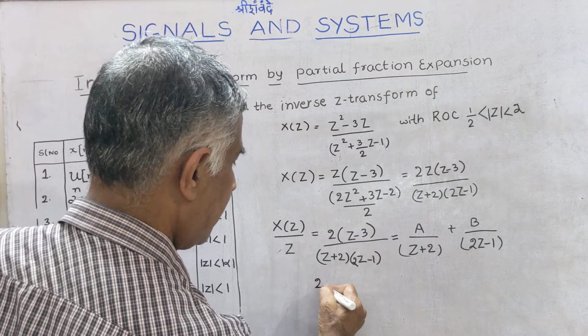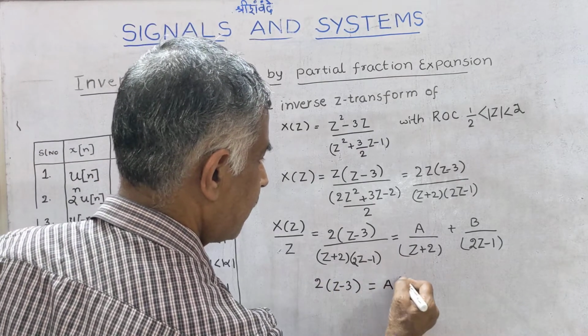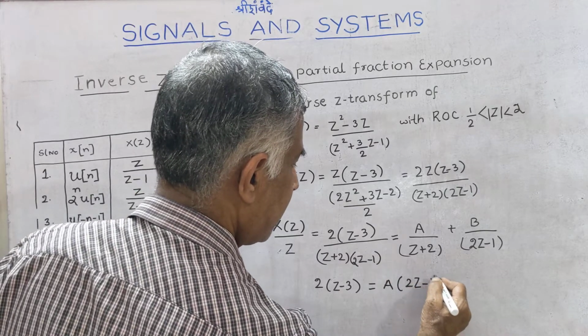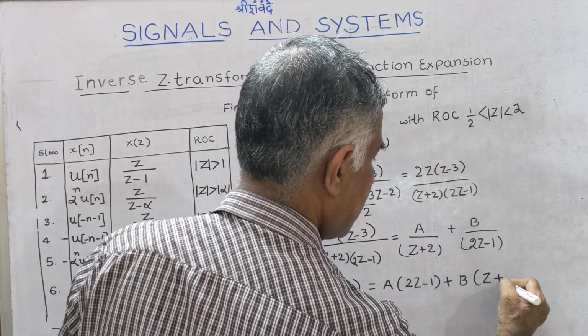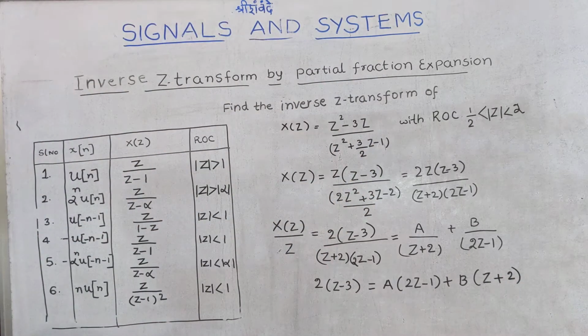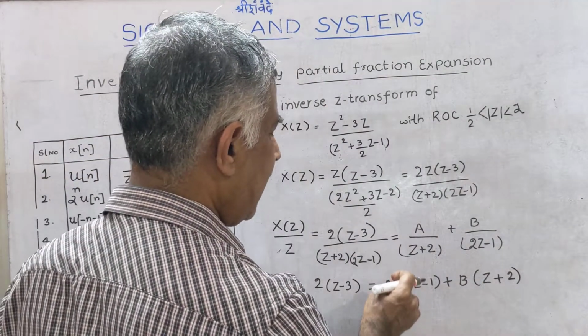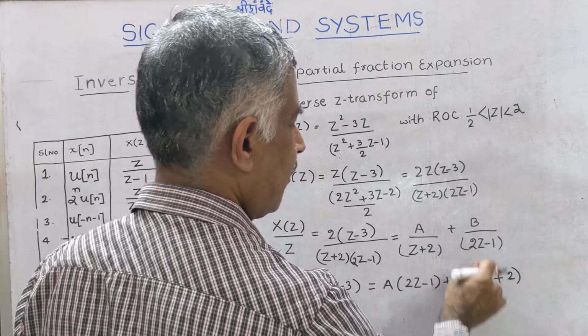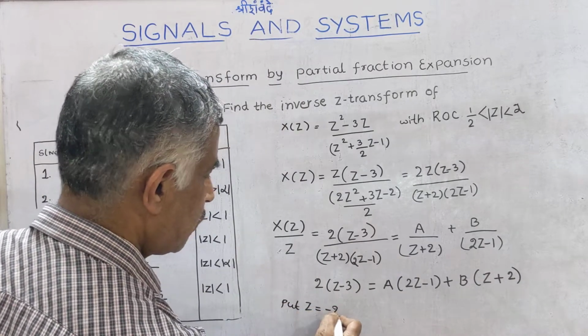Now 2 into (Z minus 3) is equal to A into (2Z minus 1) plus B into (Z plus 2). Now I have to evaluate A and B. To evaluate A, this is to be made 0. So put Z equal to minus 2.